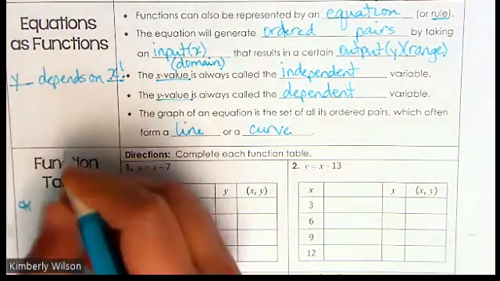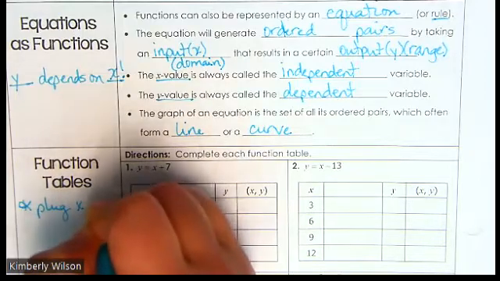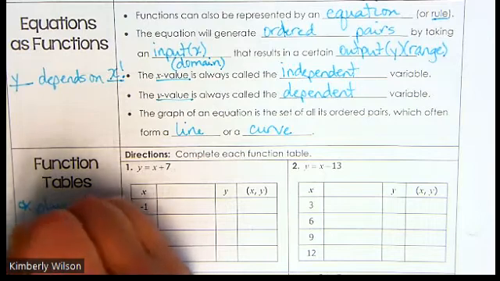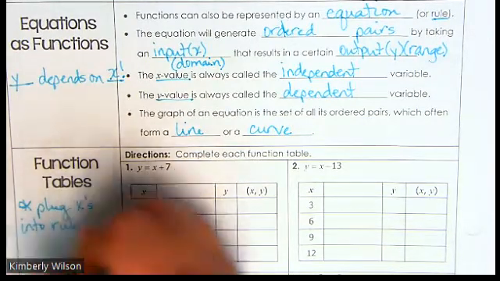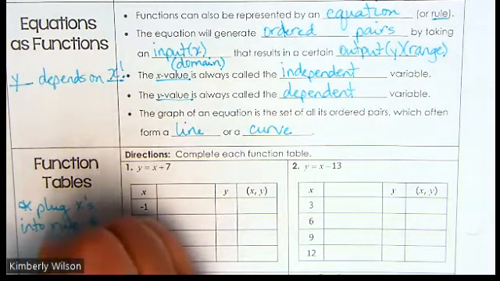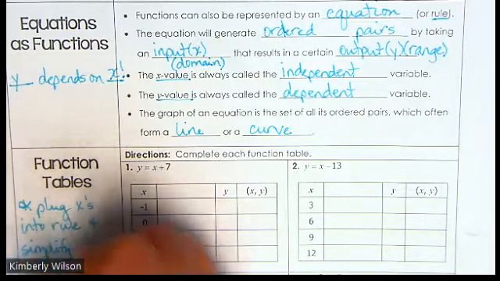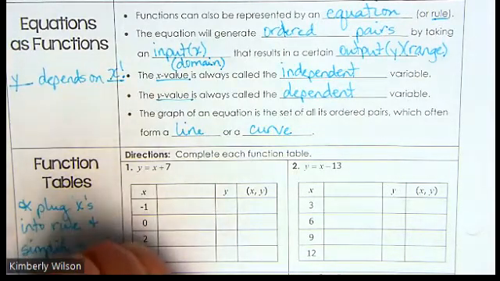What that means is that I plug x's into the rule and simplify to get y.